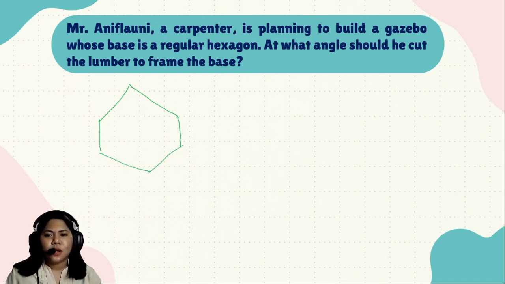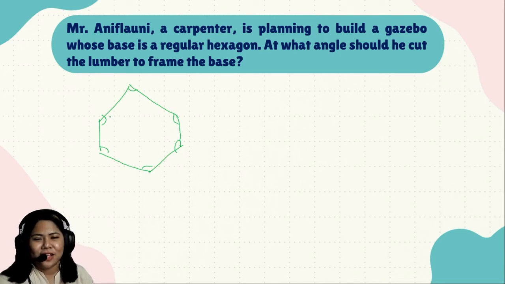Okay. So, kailangan malaman niya kung anong angle niya dapat ikat para magawa ng frame yung base. Okay? So, basically, we need the measure of each interior angle of this hexagon. At paano ginagawa yon? Remember the formula?